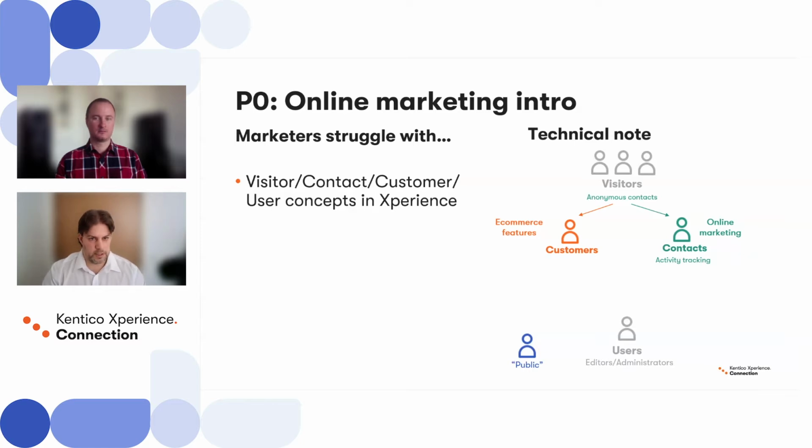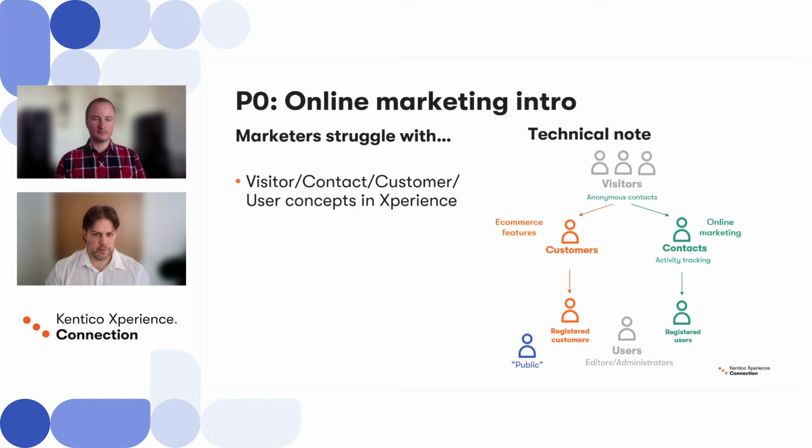And if the customer registers during the checkout process, they'll become registered customers. And in a similar manner, if a contact decides to register on the website, they are recognized as registered users. So this is the, let's say, simplified model of Xperience and how it works with users.